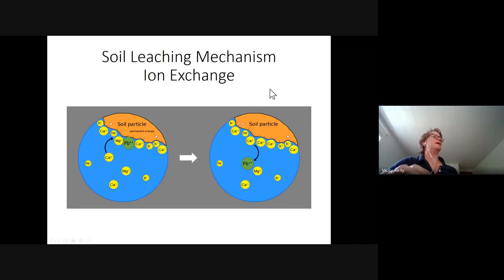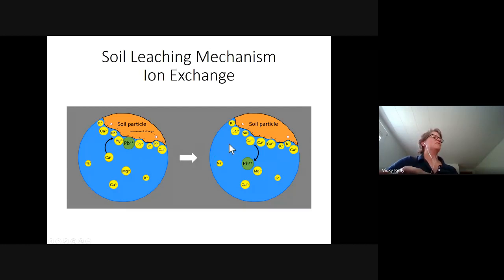It happens via a mechanism called ion exchange, and this is a diagram that illustrates that. Here you have a soil particle, which has a whole bunch of negative charges along its surface, and adhering to those negative charges are some positively charged ions. So this is great.